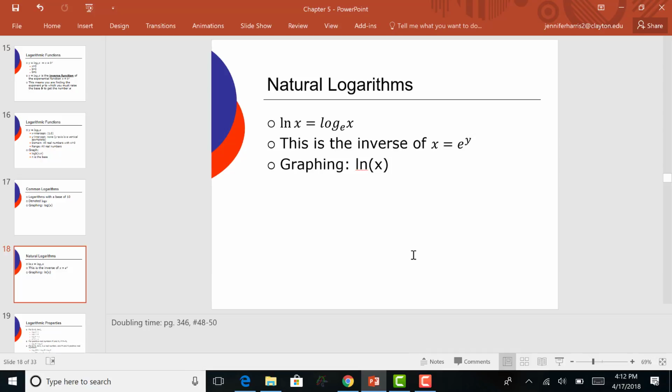So I'm going to follow the steps that we did up here to show you how we get to y equals ln of x. Alrighty, so when it's got an x and a y in it, what are we supposed to do? Switch it. Okay, so we're going to do step 1 and switch.